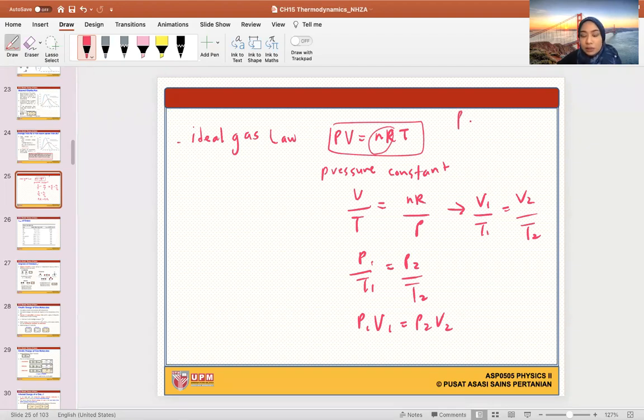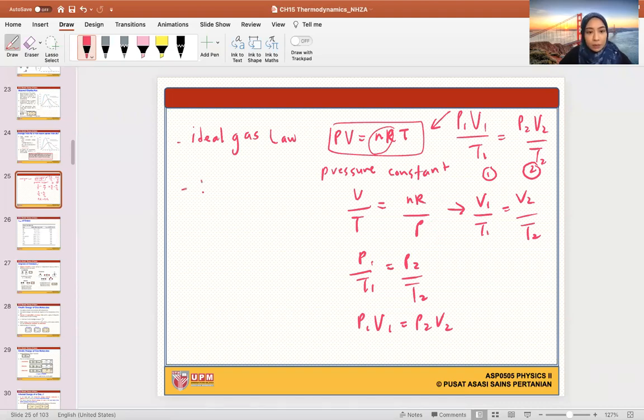So you will have P1 V1 over T1 equals P2 V2 over T2, which is basically just this equation, but you have two states. This is the first state and this is the second state. This is the case where nothing is constant except for the moles and R, because R does not change and moles obviously does not change as well. Okay, that is your ideal gas law.